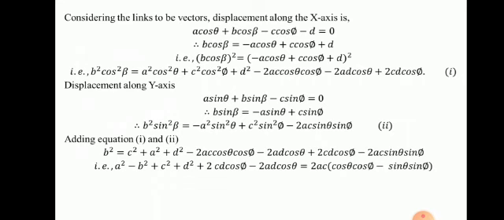A square minus B square plus C square plus D square plus 2CD cos phi minus 2AD cos theta is equal to 2AC cos theta cos phi minus sin theta sin phi. Adding the first one and the second one, you will get this equation.